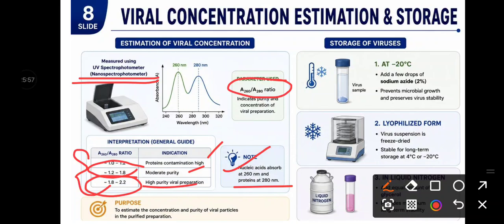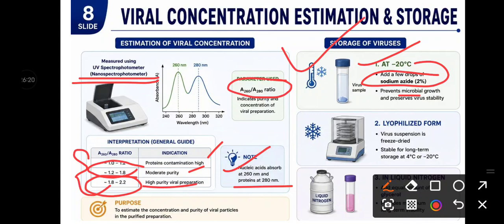Then we have to store the virus. Storage of virus extract will be done either at minus 80 degrees using a few drops of sodium azide 2%. Why is this sodium azide used? To prevent the microbial growth. This is very important, sodium azide 2%.